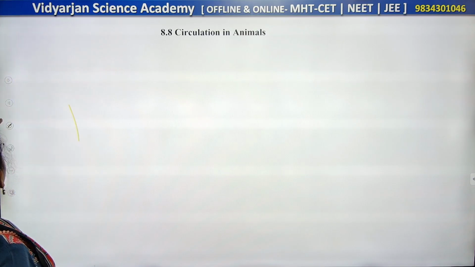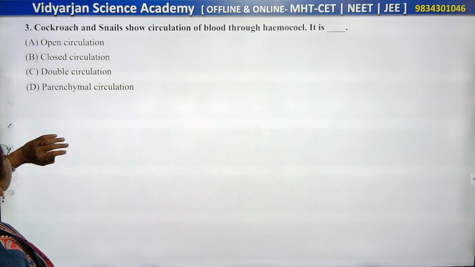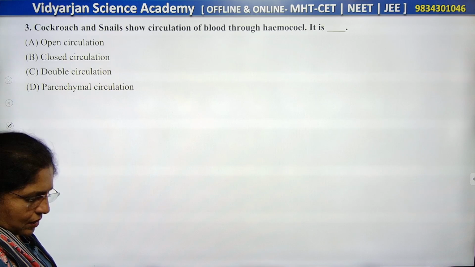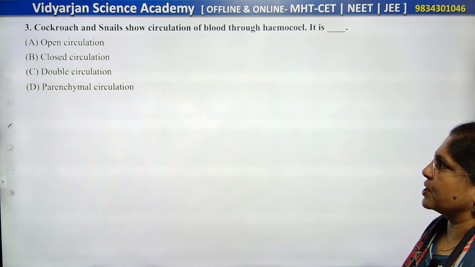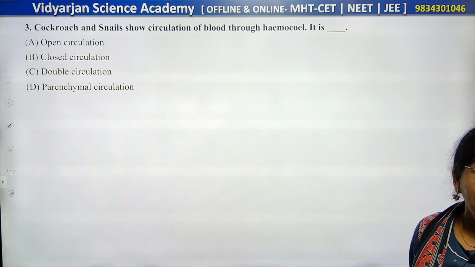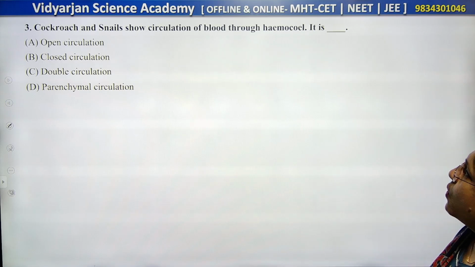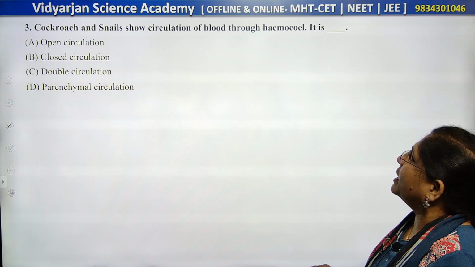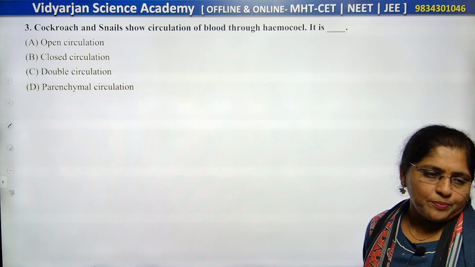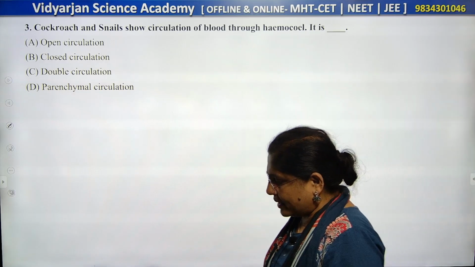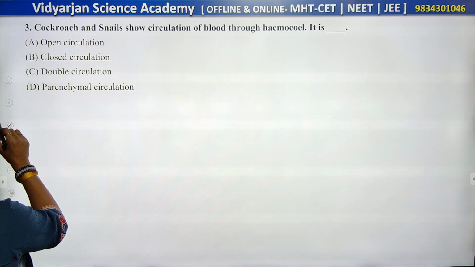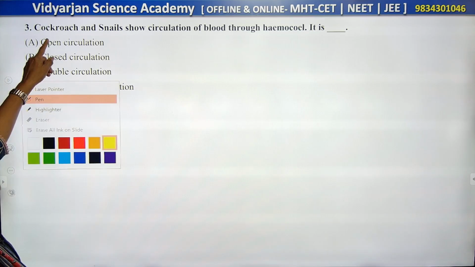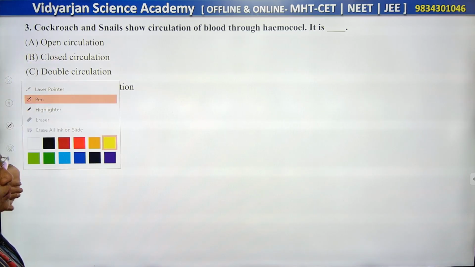Then the next question, number 3. Read the question carefully and think about the options. Cockroach and snails show circulation of the blood through the hemocoel. Some points are very important to remember.